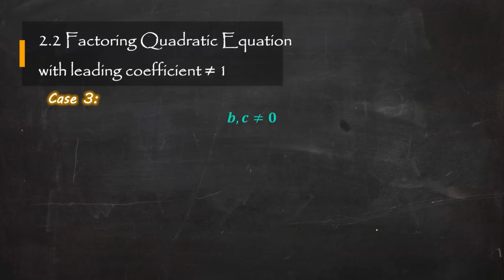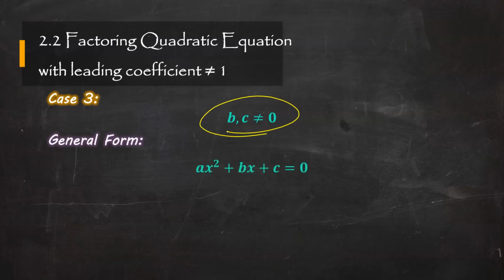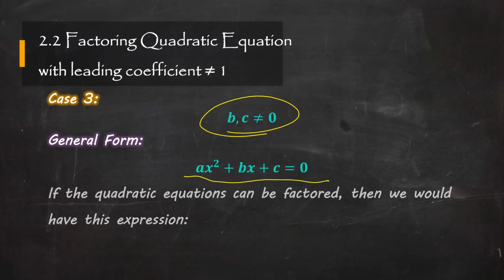Now let's move on to the third case, and this is the most complicated one. Now both b and c are not equal to 0, so we have the general expression ax squared plus bx plus c equals 0. Let's say these quadratic equations can be factored.